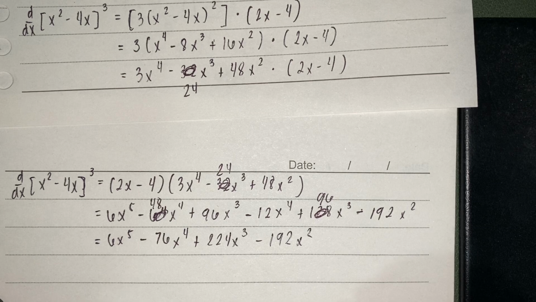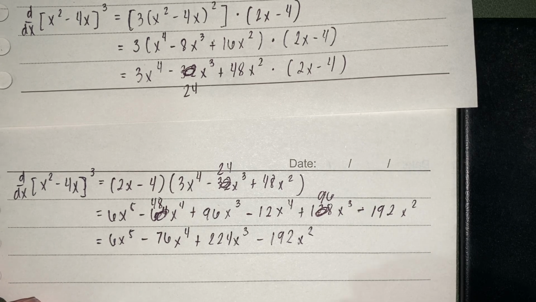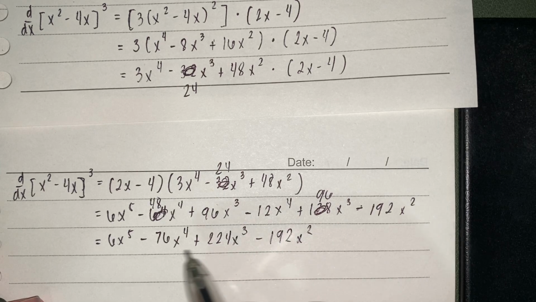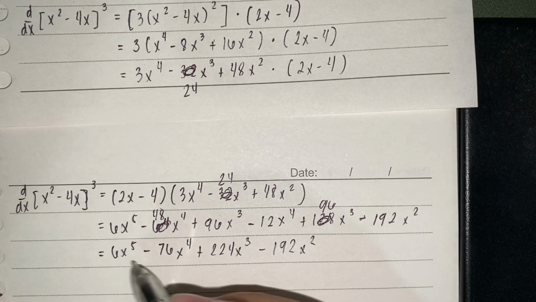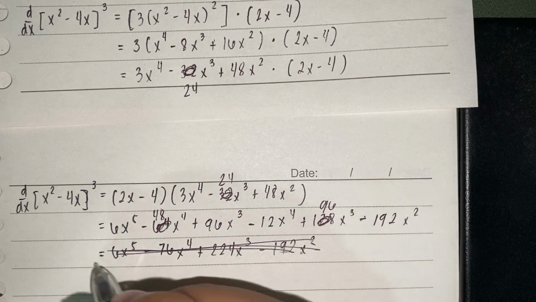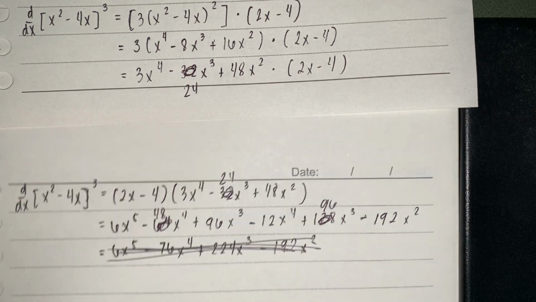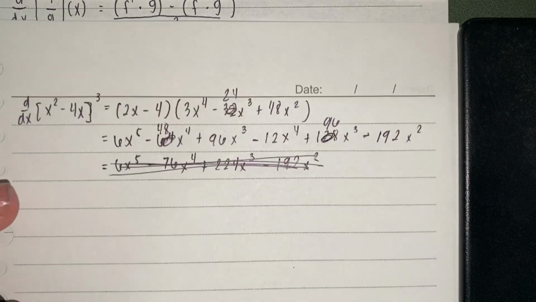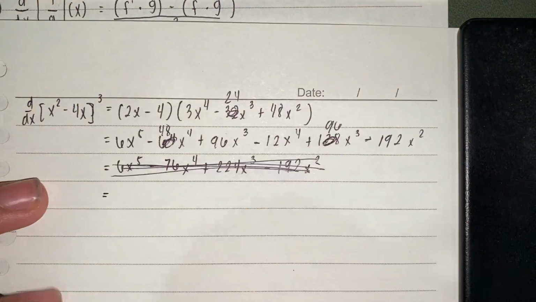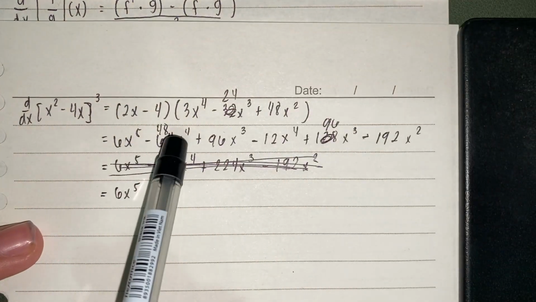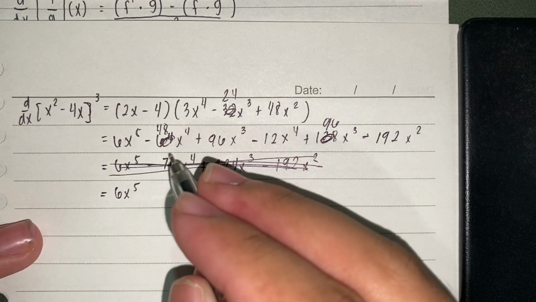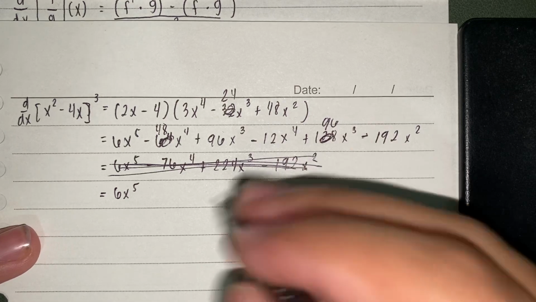So again, let's perform the indicated operations. 96x cubed minus, wrong. So let's erase this. Sorry for the dirty work. Never mind. So copy this one, 6x raised to 5. Now these two have the same exponents, so negative 48x raised to 4 minus 12x raised to 4.